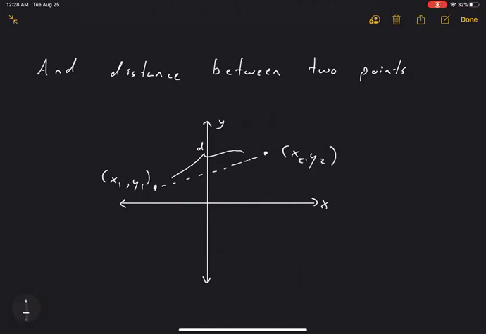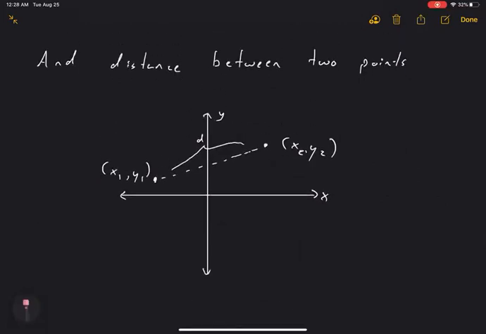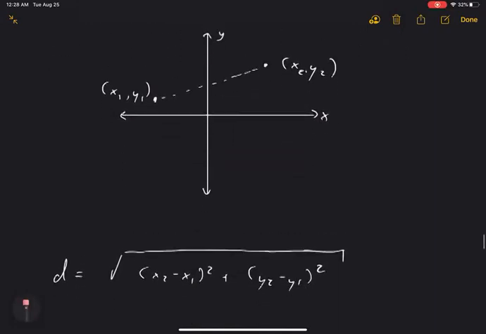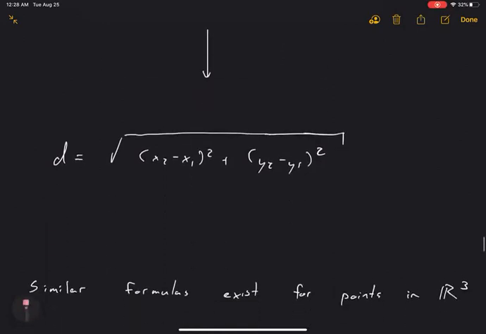What if I wanted to find the distance between x1, y1 and x2, y2? What's that distance? Well, there's again a formula, right? This is my formula. And again, that's just the Pythagorean theorem. The distance here is the hypotenuse of this triangle. Well, what's the length of this side? It's x2 minus x1. What's the length of this side? It's y2 minus y1. Okay, so that's where my formula comes from.